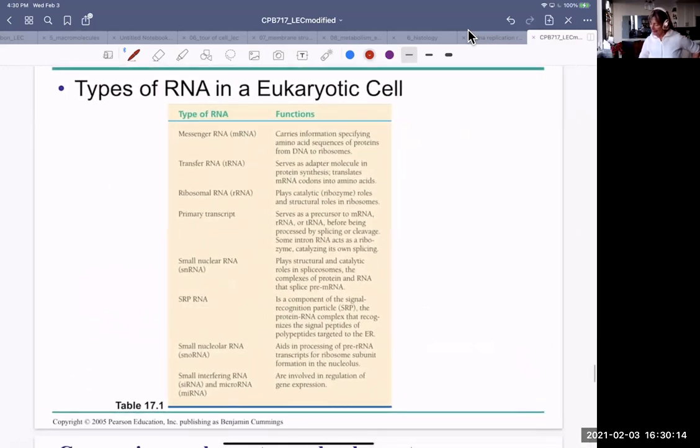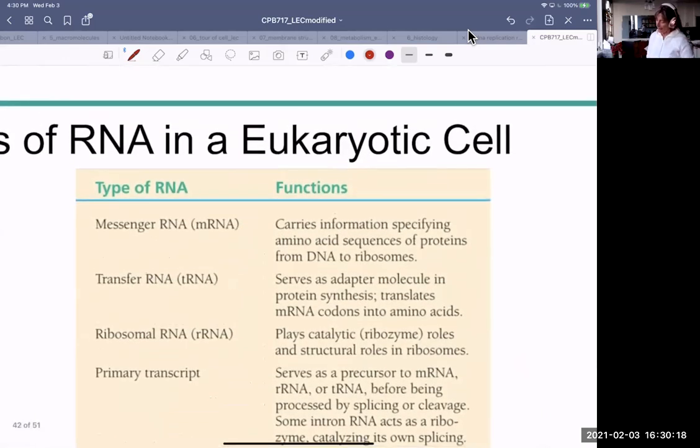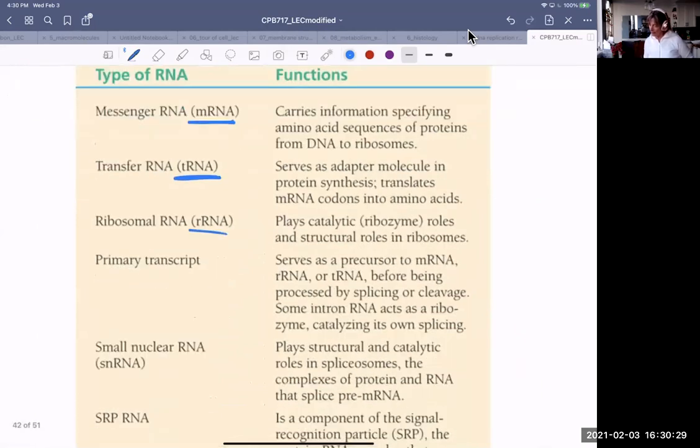So this is a table of all the different kinds of RNA. The ones that I would like you to remember for sure are messenger RNA, we know what that does, transfer RNA, we know what that does, ribosomal RNA, we know what that does.